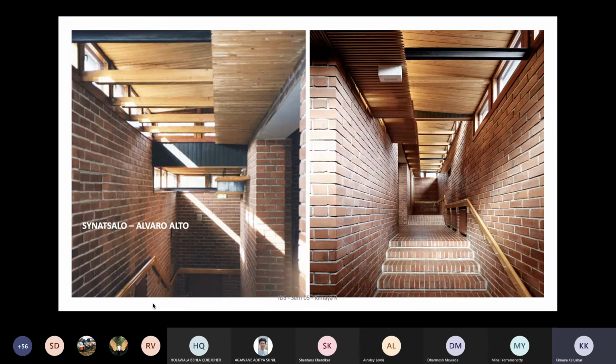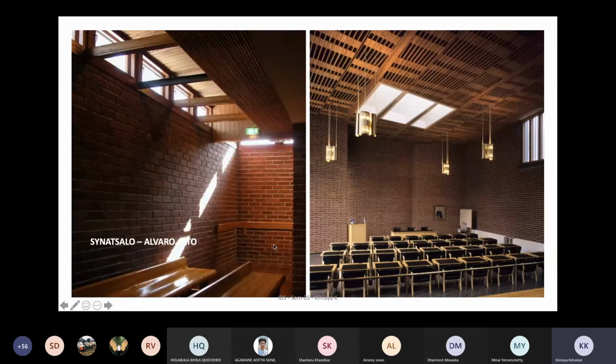This is in Tal Salo by Alvar Aalto, which talks about how the staircases are being daylighted. And again, it is also a kind of an assembly hall wherein you can see the ceilings which are being created. There are skylights which are also being designed, and then there are these drop ceiling, sorry, light fixtures. So everything is being very sensitively designed and worked towards.